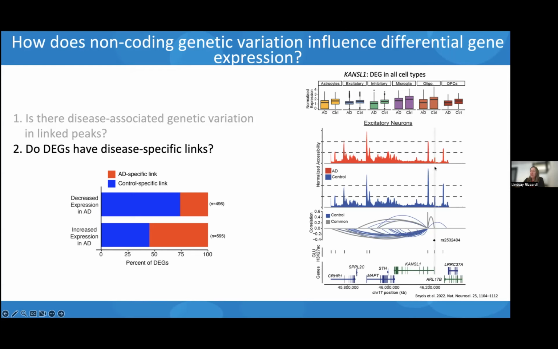In the region that I've highlighted, there's a decrease in accessibility in Alzheimer's disease compared to control, and this is a link that's overlapping a previously identified SNP from this recent eQTL study, regulating CANCEL expression. So here's just an example of a link that we've identified, regulating a gene important for Alzheimer's disease biology.